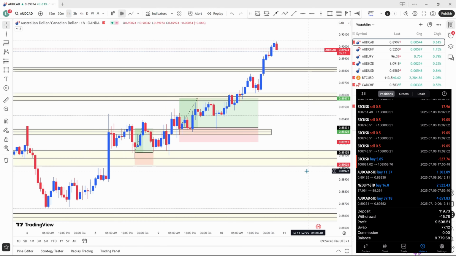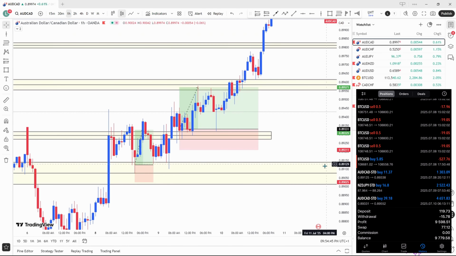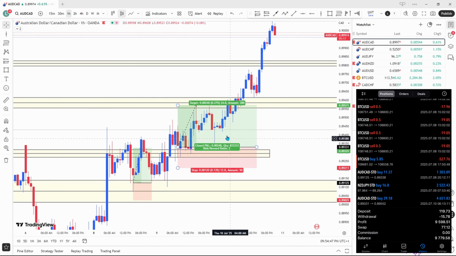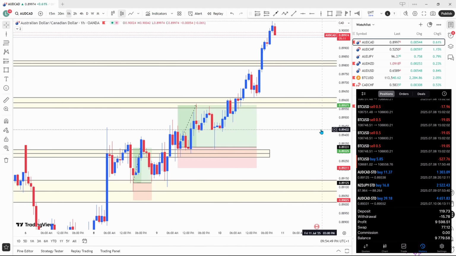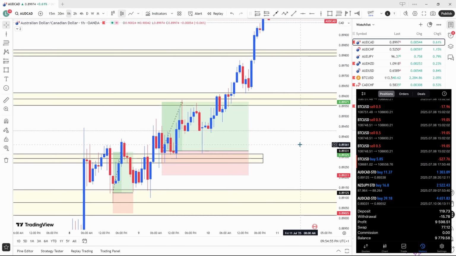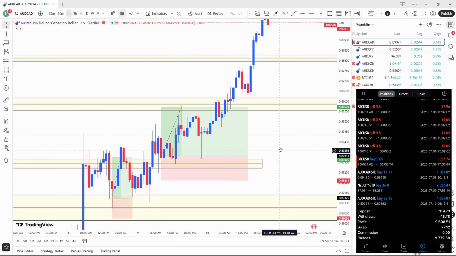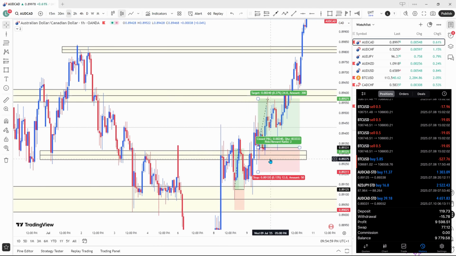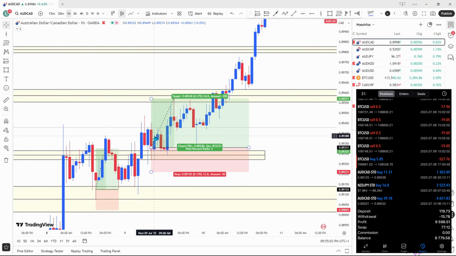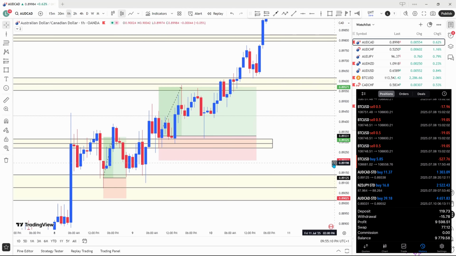AUD CAD was my next trade. This one, semi happy and semi gutted, and I'll explain why now. So I entered, tapped into my zone, entered as it pushed out, 1 push out, 2 push out, and I think it was actually this candle I entered on, not that one.